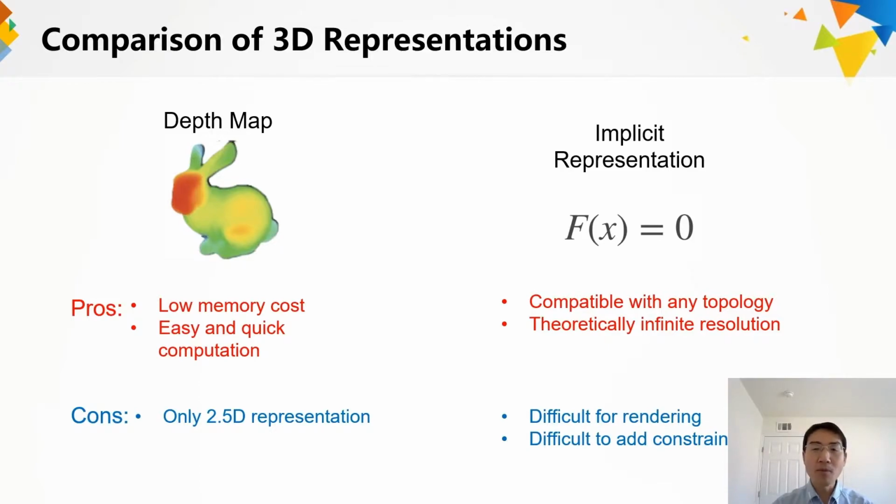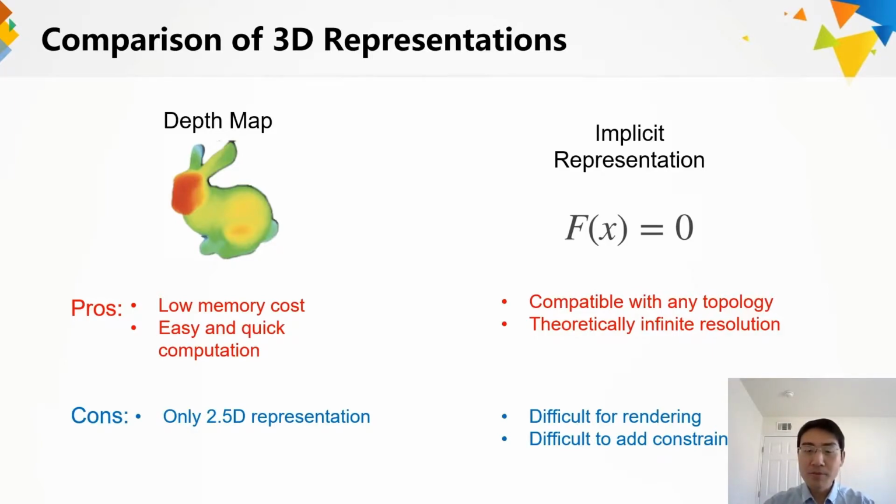So only one view angle of the object is clear. The benefit is very low memory cost, because it uses a 2D depth map to represent the object, and it is very easy and quick for computation. However, as I said, this is not a true 3D representation. It is only 2.5D.